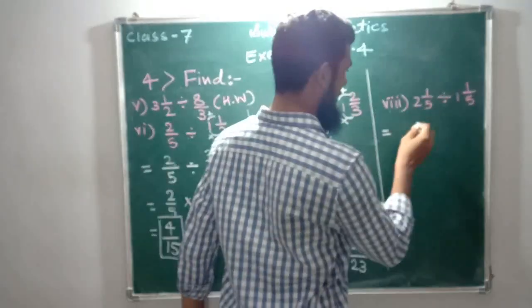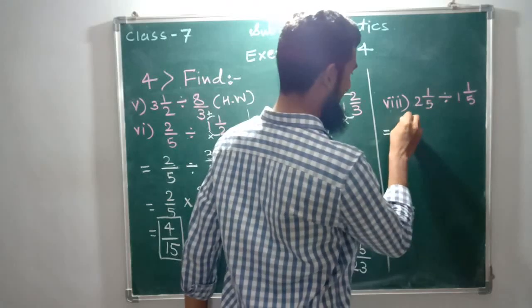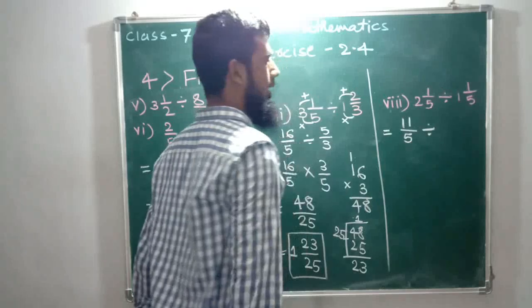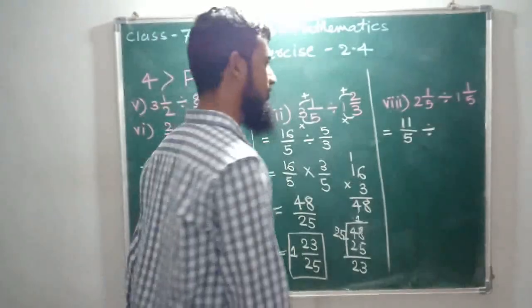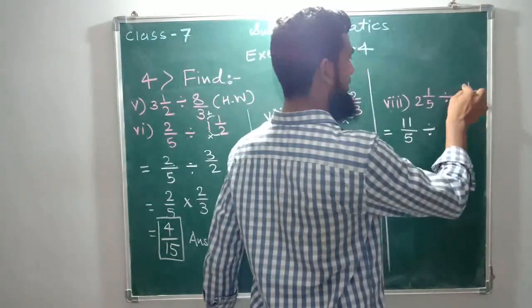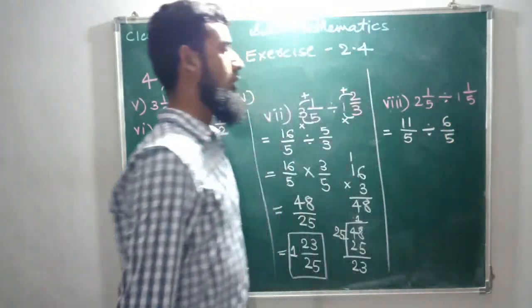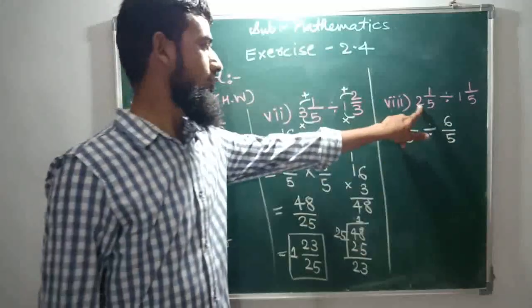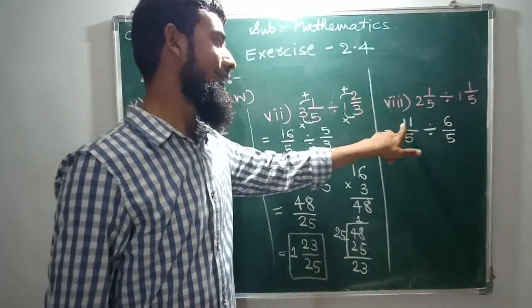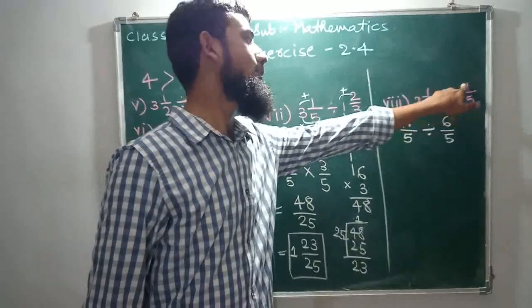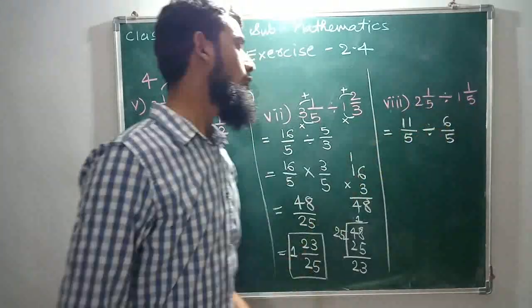So here 5 2 ja 10, 10 plus 1, 11 upon 5 divided by division symbol. 5 1 ja 5 plus 1 plus 6 upon 5. Understood?